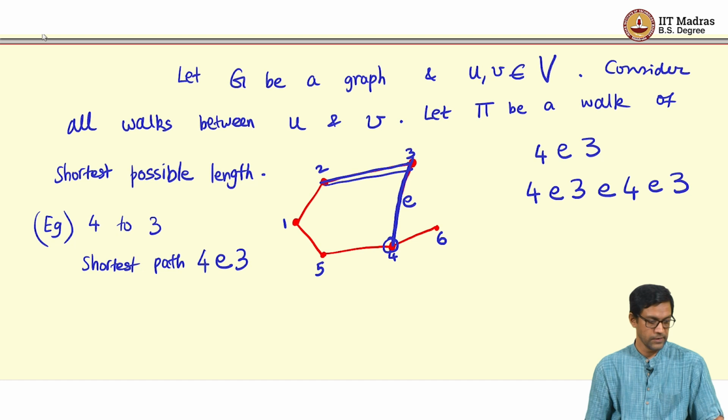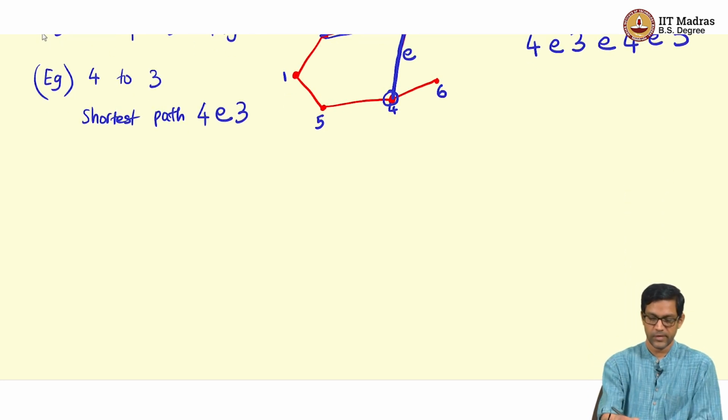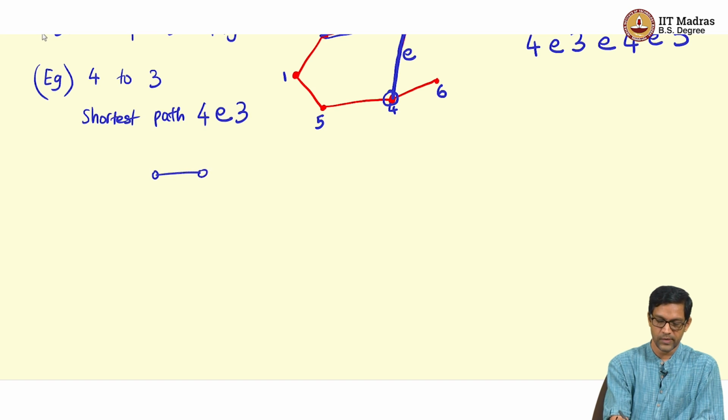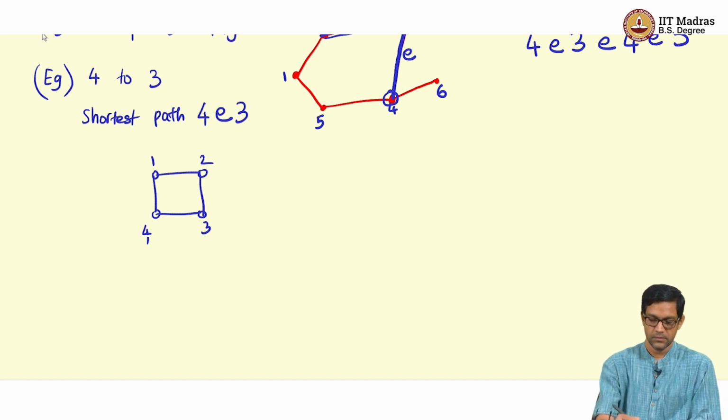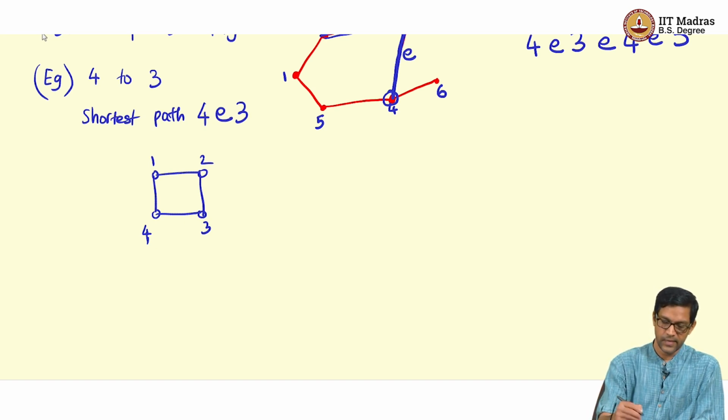Now, there could be instances where there is more than one shortest path. For example, if you look at this graph here, just the square, the cycle. Now, how do you go from 1 to 3? Well, there are again infinitely many paths going from 1 to 3, but there are two shortest ones. Okay.